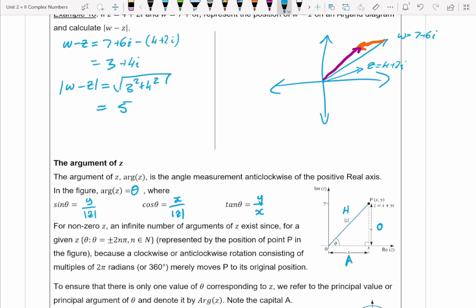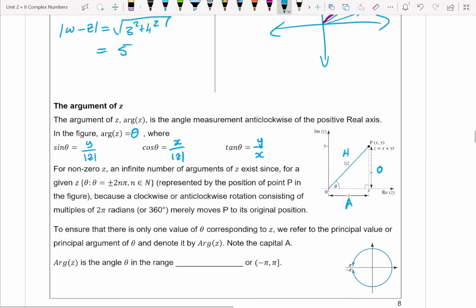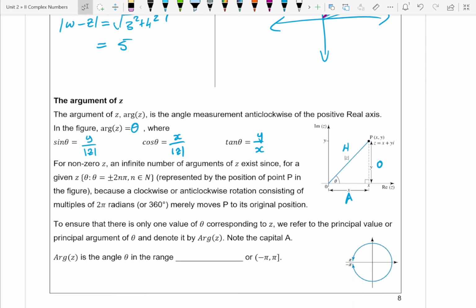It's denoted with a capital A, Arg z, and that is going to be in the range of negative 180 degrees to 180 degrees, or negative π to π. Notice that if you are given the choice between negative 180 and positive 180, you always choose positive 180. That's why we have the square bracket for that one, whereas it's the regular bracket for negative π, or negative 180 degrees.